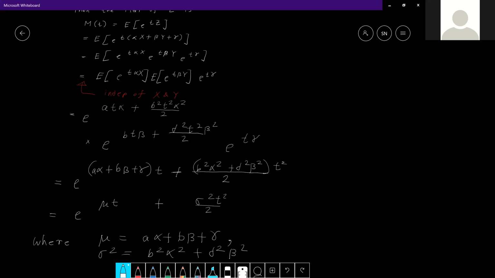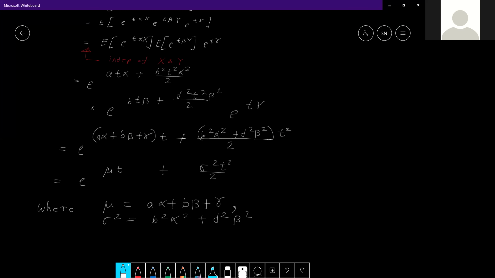So hence Z must have a normal distribution with parameters A alpha plus B beta plus gamma, that's the mean parameter, and the variance b squared alpha squared plus d squared beta squared. So this is the proof. The proof is complete.